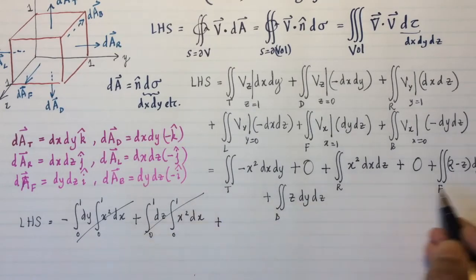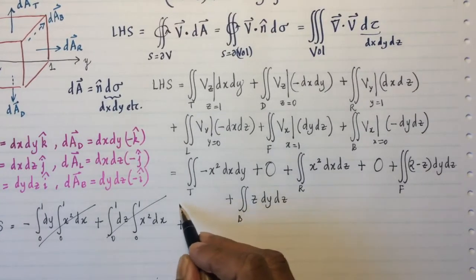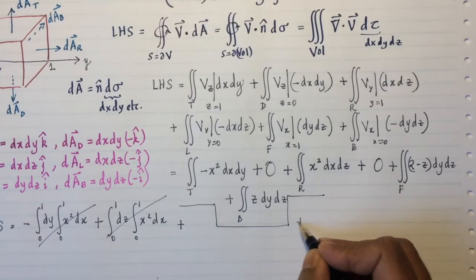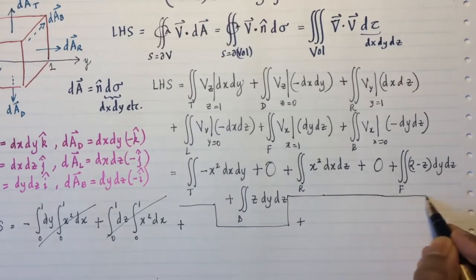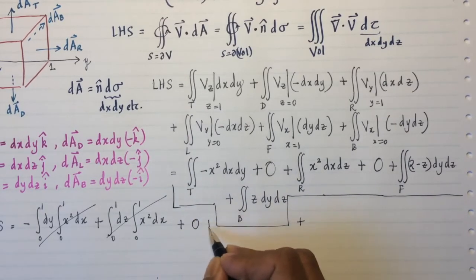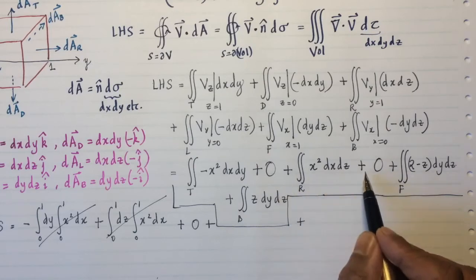And then I'm going to get this one, this integral here. So let me just create some boundaries. Plus 0 for this one.